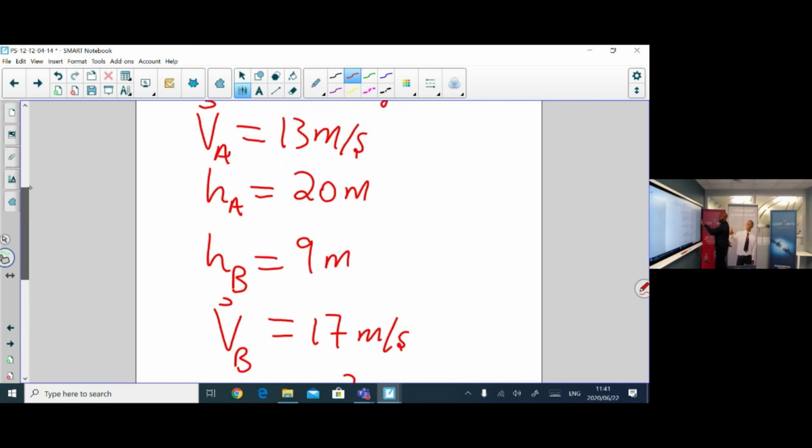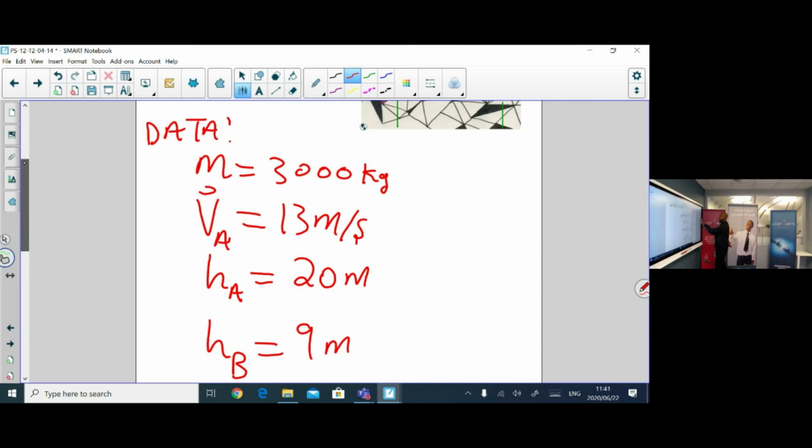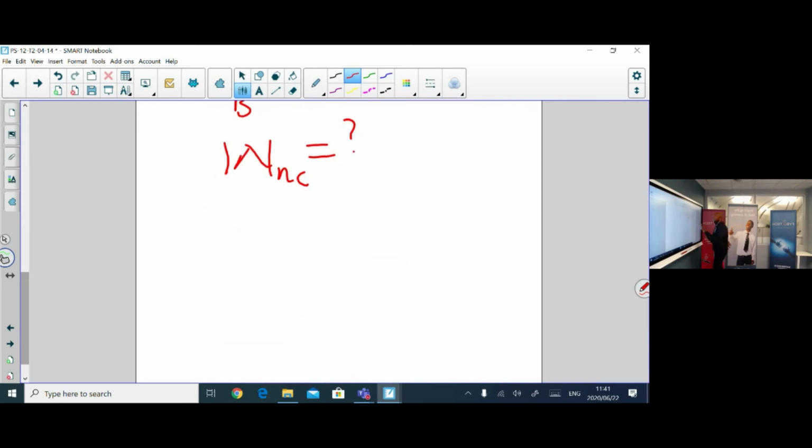Let us do it like this. You have to say W and C is equal to half m v at B, that is the final, squared, minus.